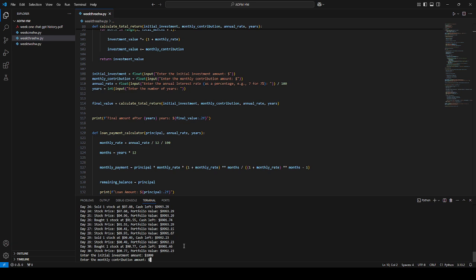Let's do 200 for the monthly contribution. And for the investment rate, let's do 3% for 15 years. And the final amount will be $46,961.97 after 15 years.